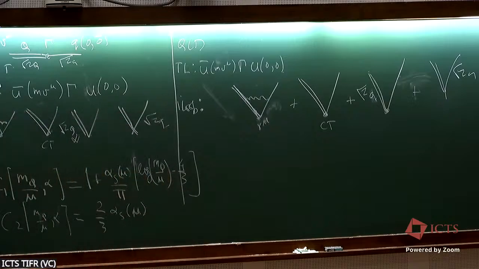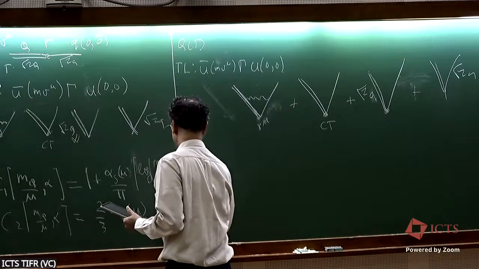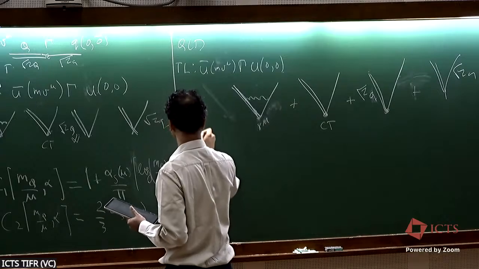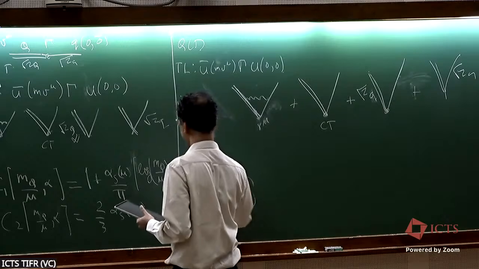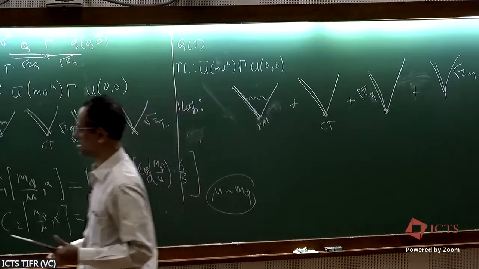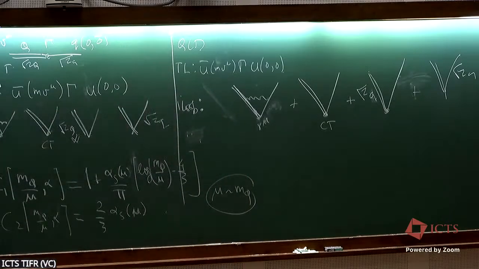Right. So now this matching I will do at a scale which is order MQ, because then this log is small and I'm happy. And then I have to run down to a lower scale.